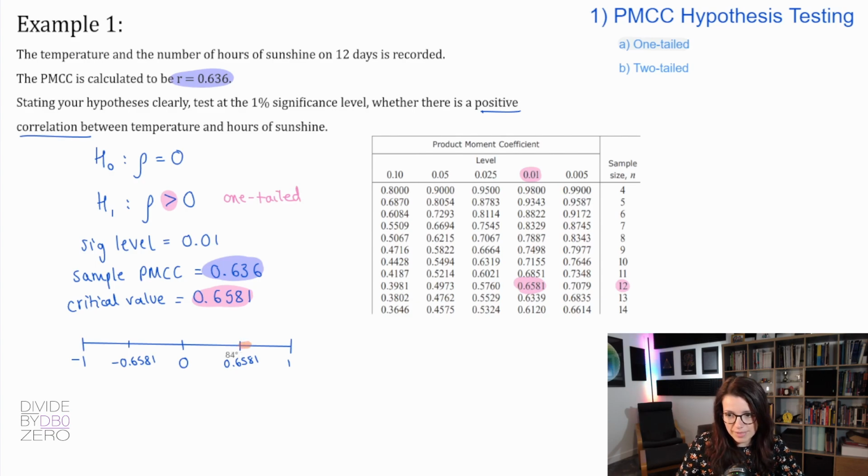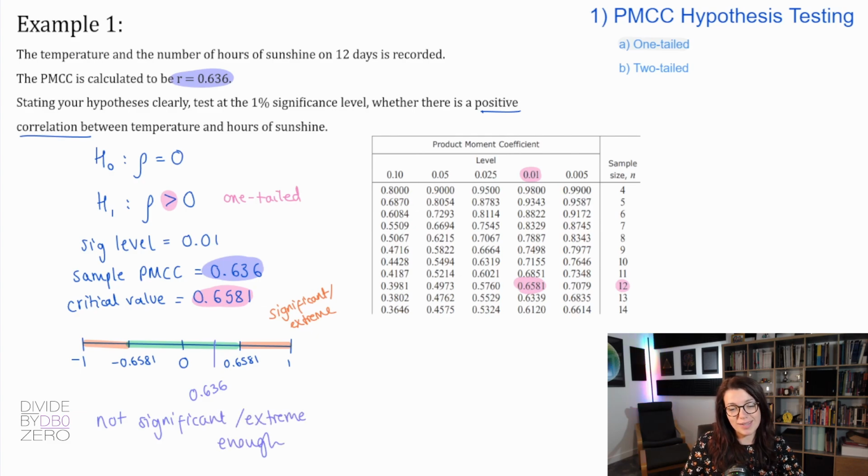So in that case, it would be these two areas here. These would be considered as significant or extreme. Anything observed that falls within the minus 0.6581 to positive 0.6581 would not be considered significant or extreme enough. The sample PMCC would be here somewhere, 0.636. So that means not significant or extreme enough.